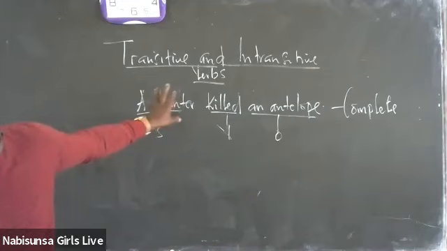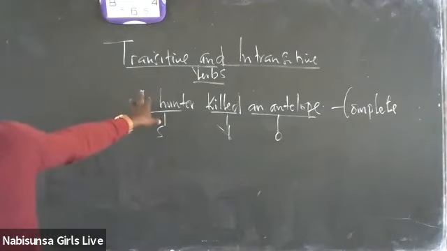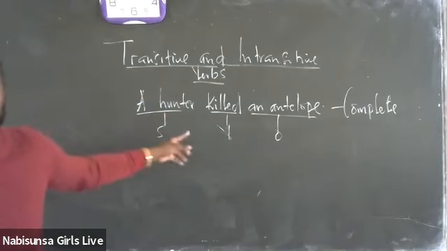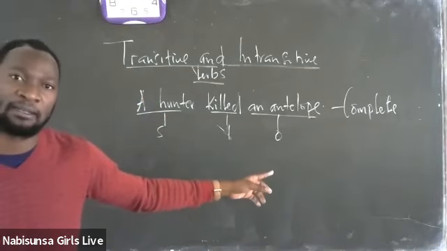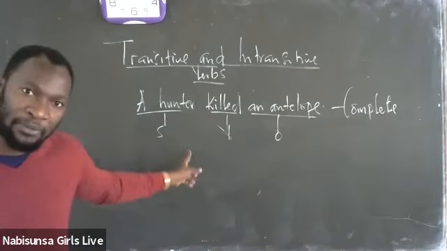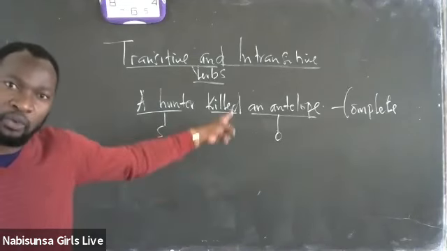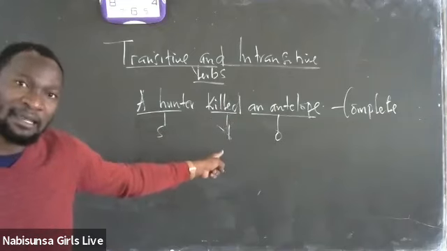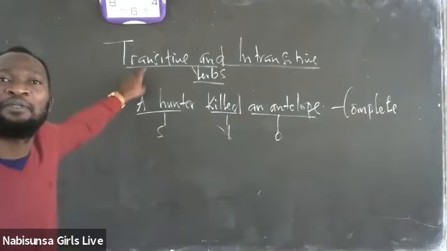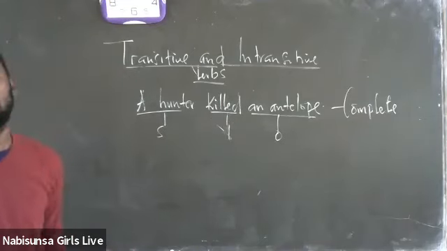Now when that happens in English, all right? Verbs that require an object, like the verb to kill in our sentence, are called transitive verbs.